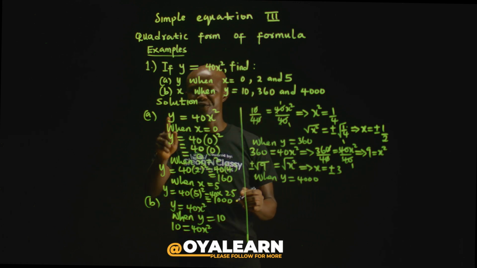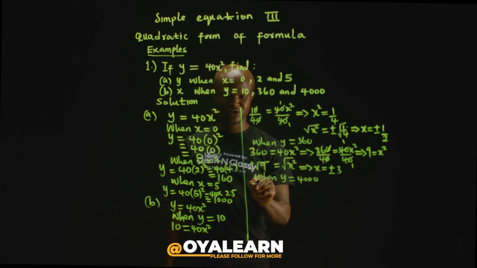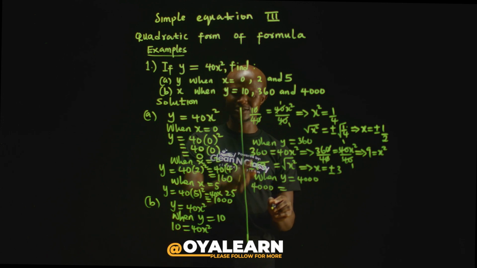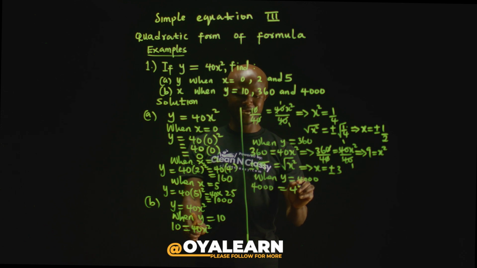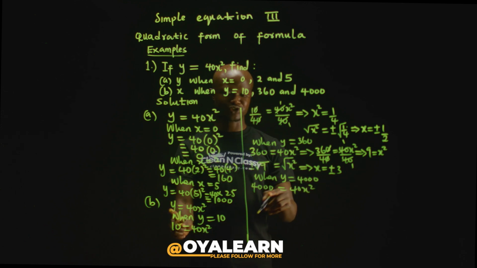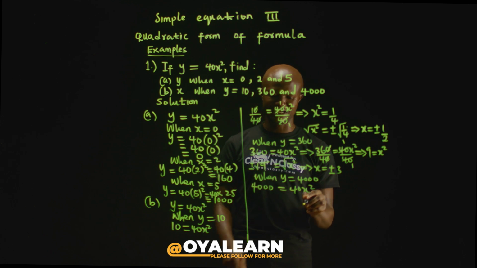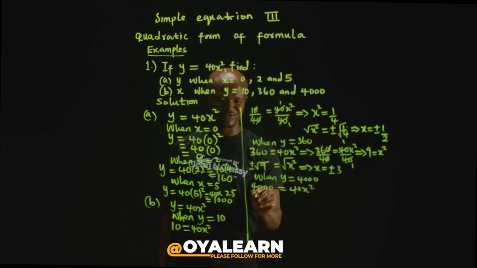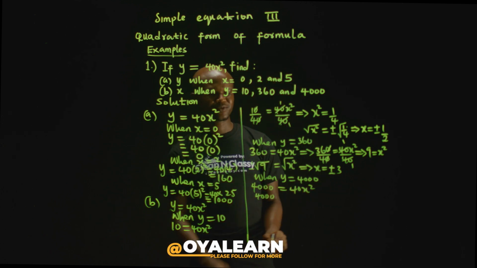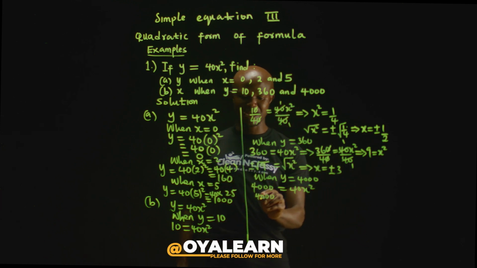We still go back to the main formula. Anywhere we see y, we put 4,000. So 4,000 on the left-hand side equals 40x squared. Now from here, we divide both sides by 40, because we want to find x squared.